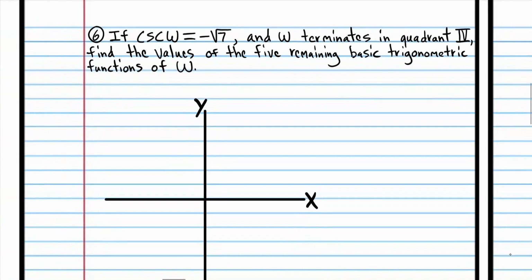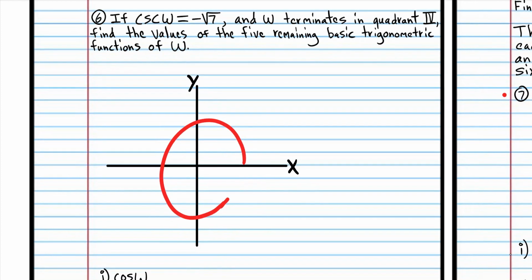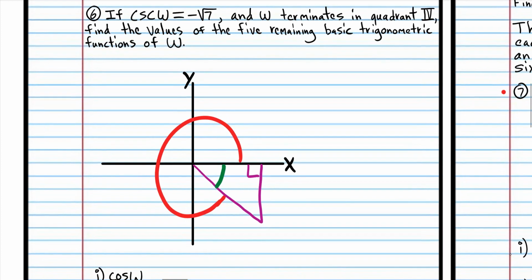So this angle, omega, terminates in quadrant 4. And remember, you always have to start on the positive part of the x-axis when you consider the angle. So the reference angle, again, is our green angle. And this angle is omega.